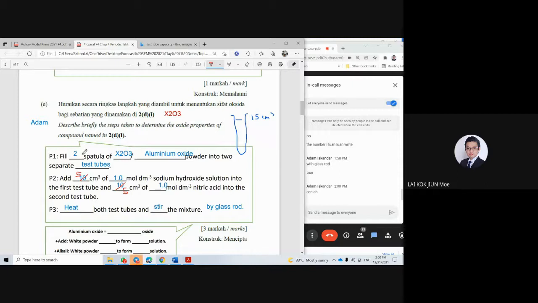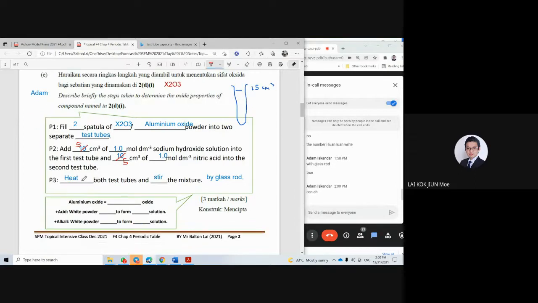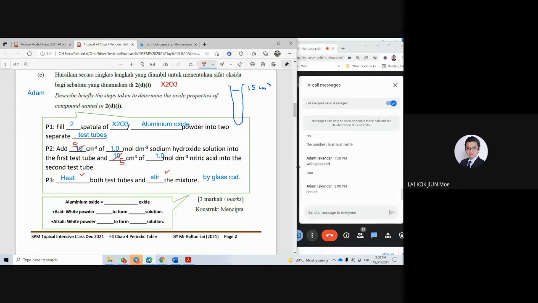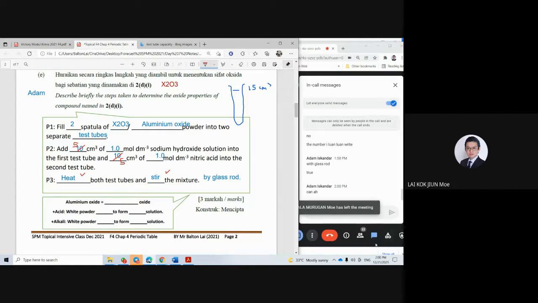You are very generous. You use 2 spatula. Okay, you heat them, very good. And then you know how much they use in the textbook or reference book. Very little bit only. Guess how much they use?